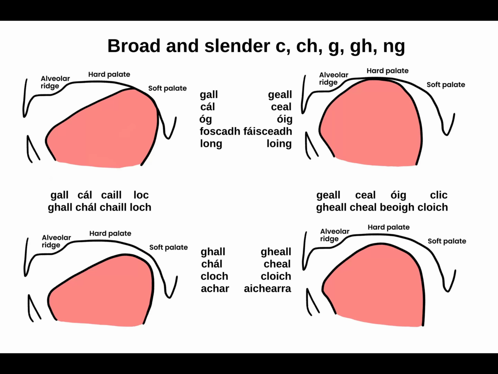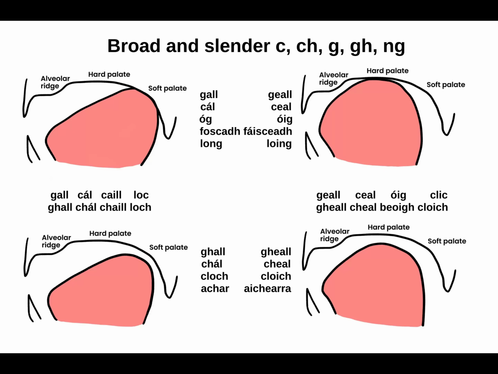So to go through some examples, I'll start by comparing the broad stops and the slender stops. If you look at the set of words at the top in the middle, we have broad gal versus slender gal. We have broad cal versus slender cal.